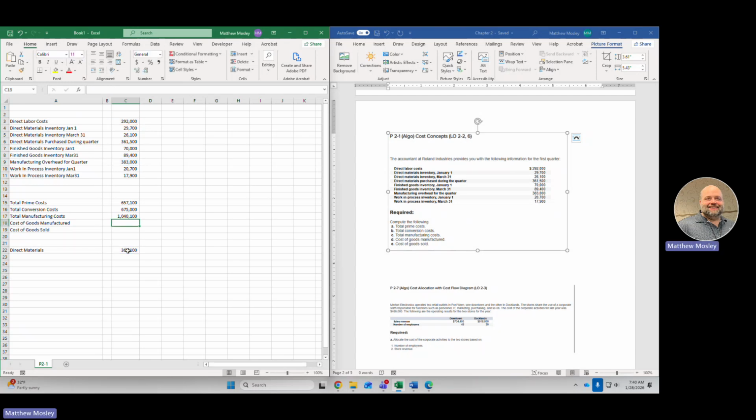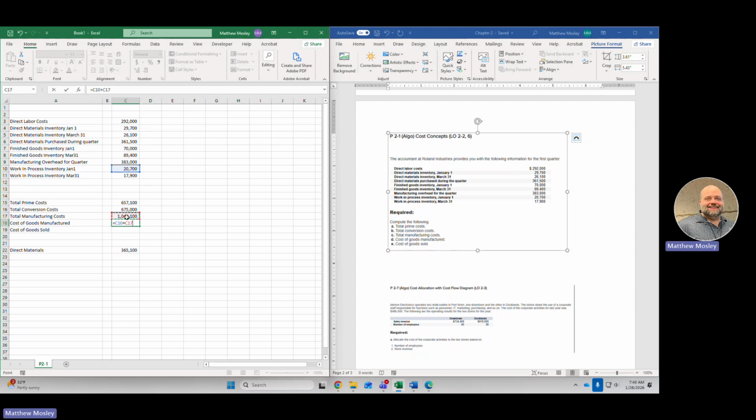right? Next is going to be the cost of goods manufactured, right? And that is where we're going to have to do a little bit more math. We're going to start with our beginning work in process. Then we're going to add in our total manufacturing cost.